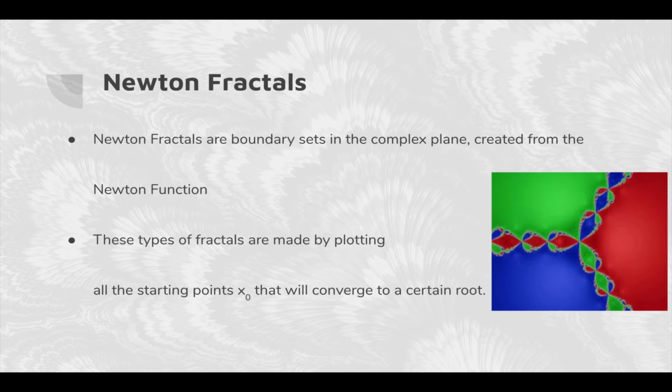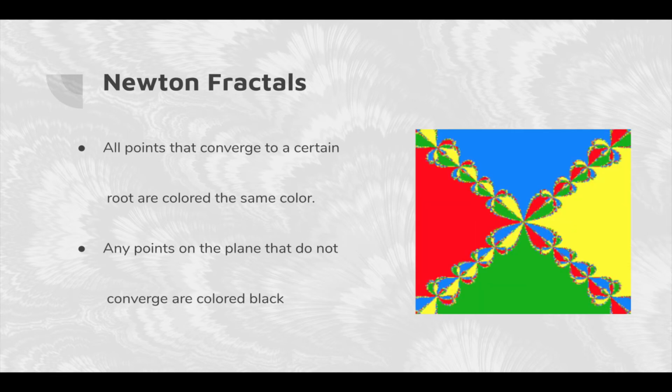So everything in the green area of this fractal converges to the same root, just as everything in the blue area converges to the same root, and everything in the red area converges to the same root.